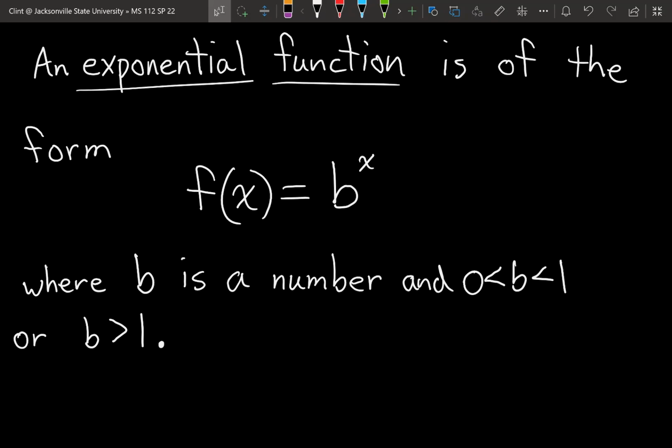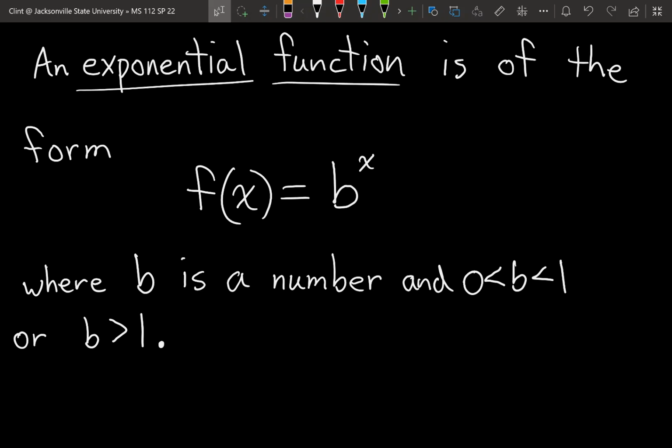So either our number needs to be between 0 and 1, that's our B there, or it needs to be bigger than 1. If B is 1, it's not going to be an exponential function anymore because 1 to any power is just 1. So our function would simplify down to f of x equals 1, and that would be a linear function. So we need it to be between 0 and 1 or bigger than 1.